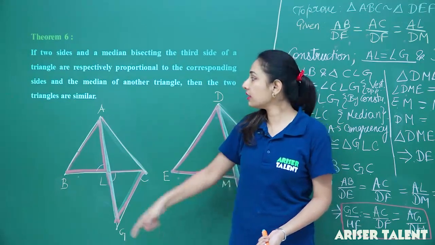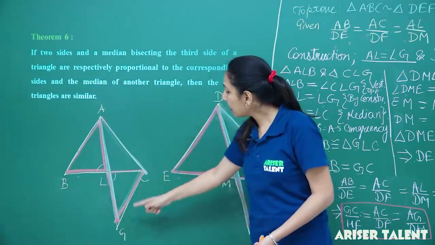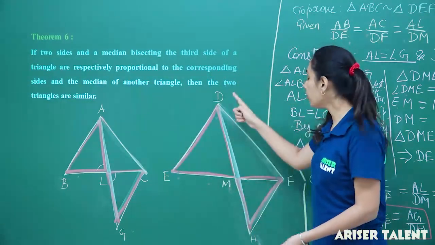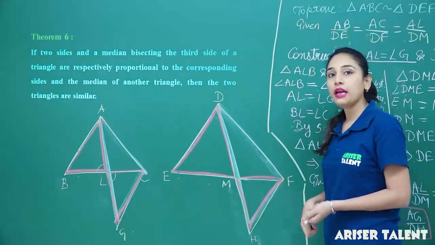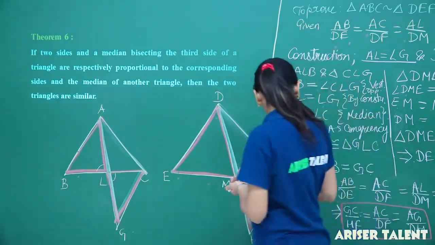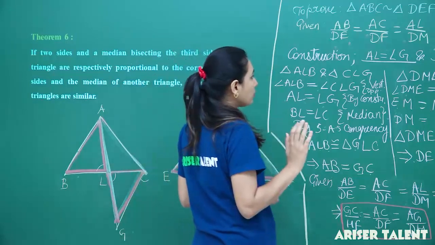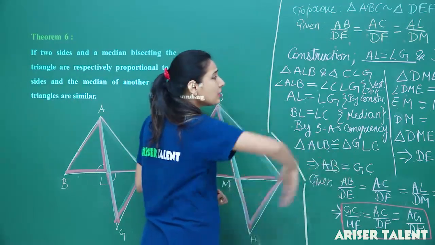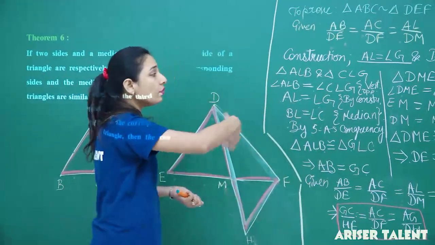So what we can say is that triangle AGC is similar to triangle DHF, right? So just note it. I will be removing this part.